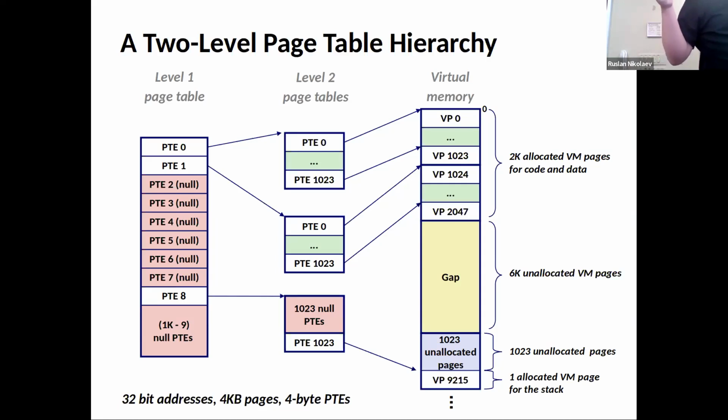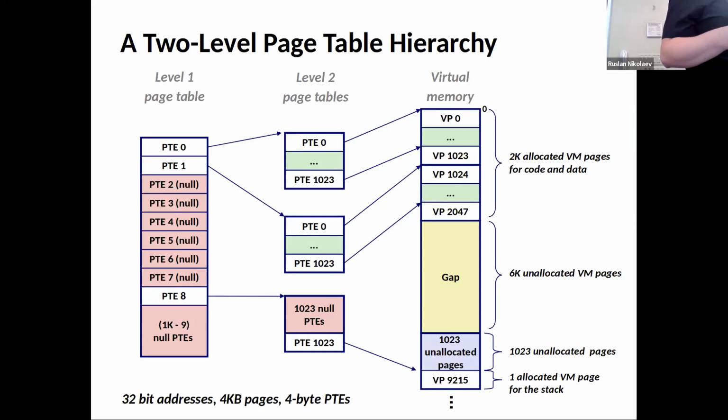That's going to be 8,192 entries from 0 to 7 in level 1, right? Then we care about PDE 8. So this number is going to be 1023, right? If you calculate it, you can check it on the calculator. It's going to be 1023. So that means it's the very last entry of level 2.